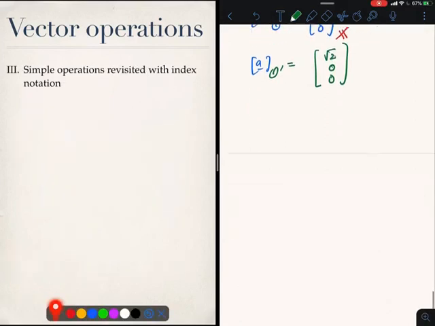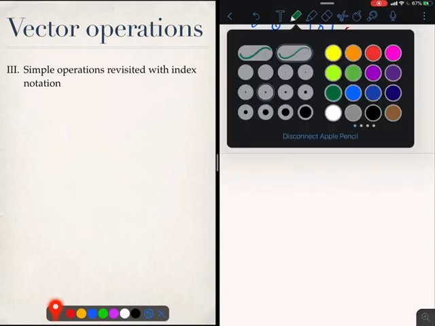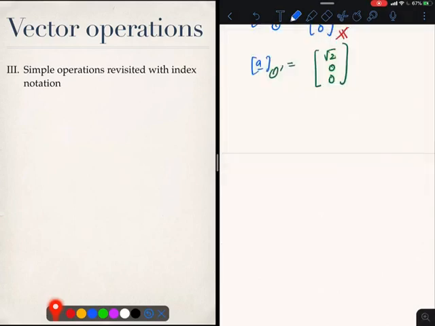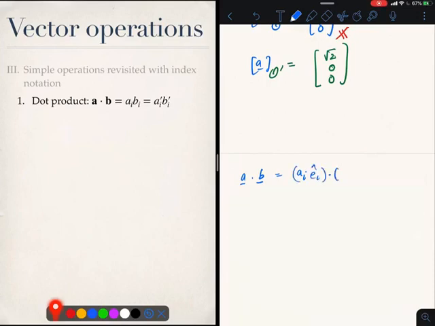So let's revisit the simple vector operations with index notation. So the dot product A dot B. Well, let's compute. In some coordinate system, A is AiEi. In the same coordinate system, B is BjEj.